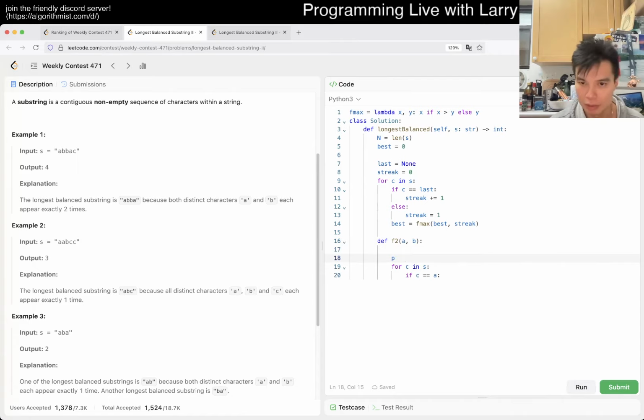So P, the prefix, is equal to 0. C is equal to maybe -1. I always forget how to structure these. Okay.